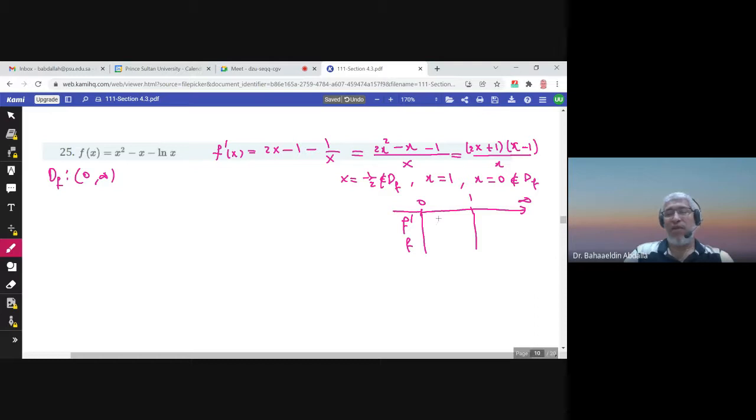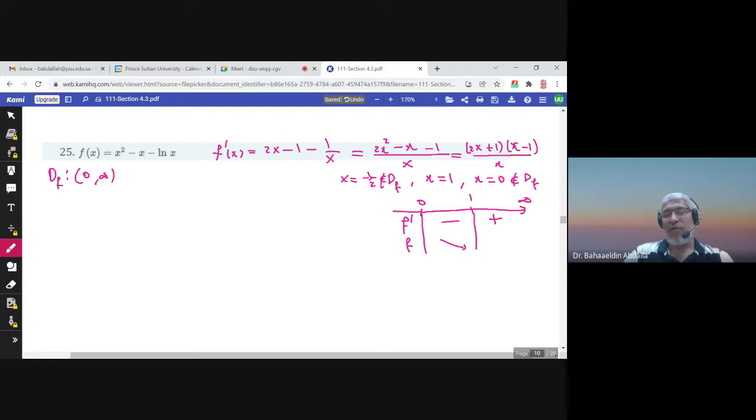So if I take a number, so the sign, notice that from 0 to infinity, 2x plus 1 is positive. x is positive. So everything depends on the x minus 1. If I choose 2, it would be positive f prime, of course. And if I take a half, f prime would be negative.